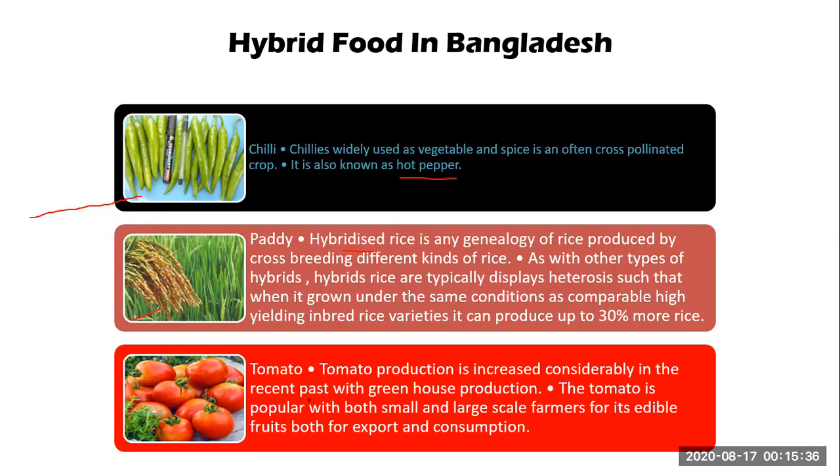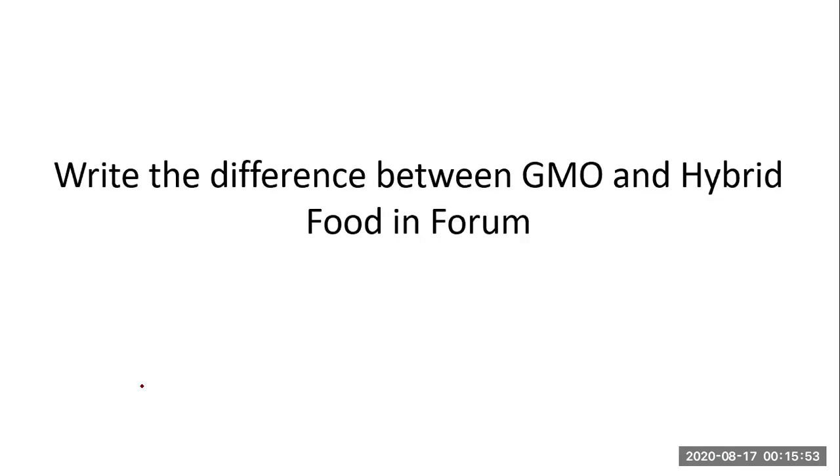You know that now we can get tomato all over the year. The main reason is most of them are hybrid. The characteristics of hybrid tomatoes have changed so that they can grow over the year. So we can get that. You have to write a difference between GMO and hybrid food in your forum section.